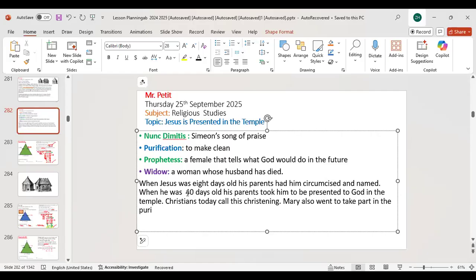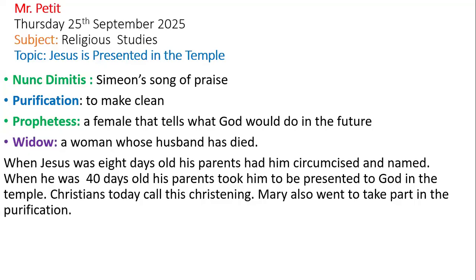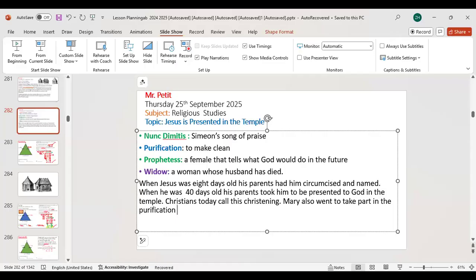Mary also went this time because she needed to present herself too, to basically come to an end of the purification ceremony.